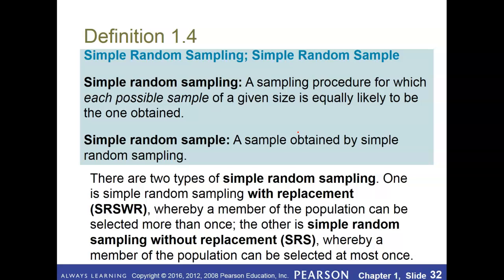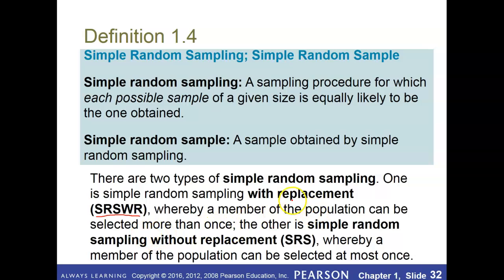Simple random sampling is a sampling procedure for which each possible sample of a given size is equally likely to be the one obtained. So for example, there's 2 different kinds of simple random sampling. One is simple random sampling with replacement. That means where you might select a certain number of marbles out of a bag, but each time you put the marble back and you mix them up and you select another marble. That's replacing the marble.